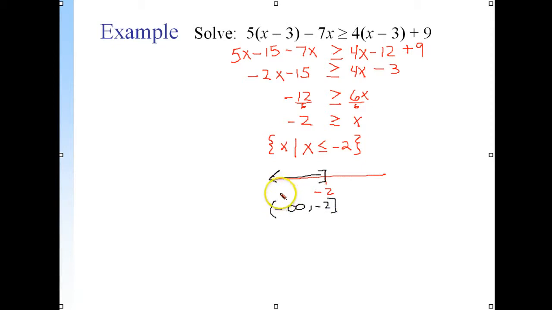Wow. So this was one from chapter 1 again. Instead of an equal sign here, it was an inequality. And by moving this term to this side, I kept my x's positive, and I didn't have to reverse the direction of the inequality sign when I divided by a positive 6. Okay.